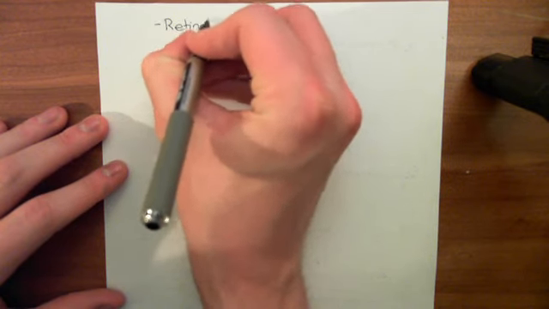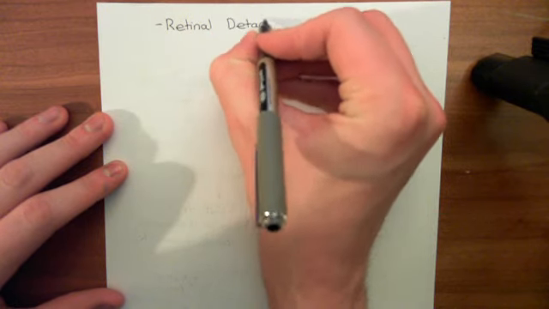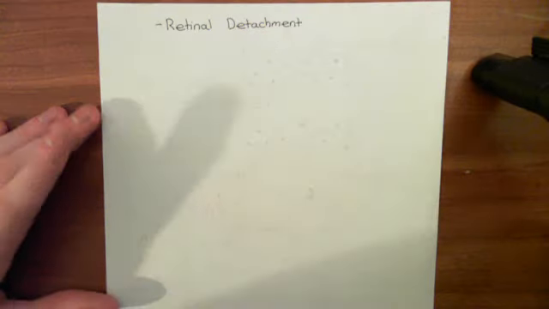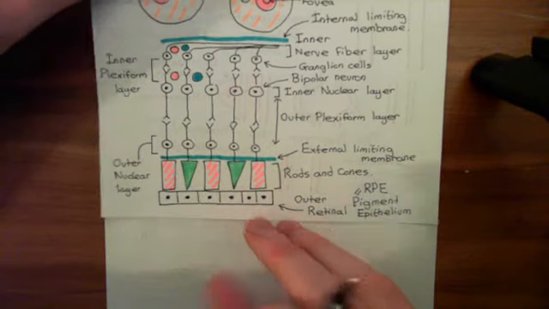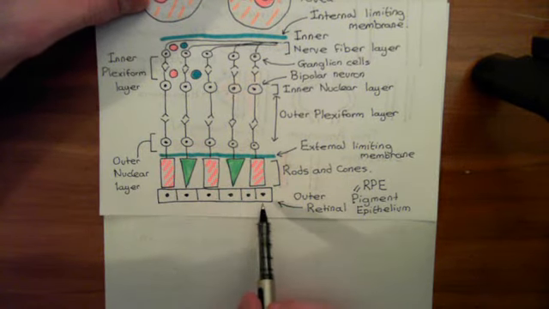And basically, retinal detachment is when the photoreceptors move away from the retinal pigment epithelium. Okay, so remember our original picture of the retina here. We had the retinal photoreceptors sitting on the retinal pigment epithelium.